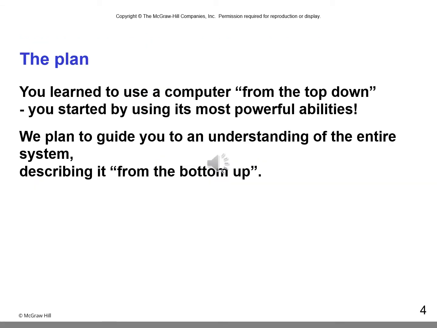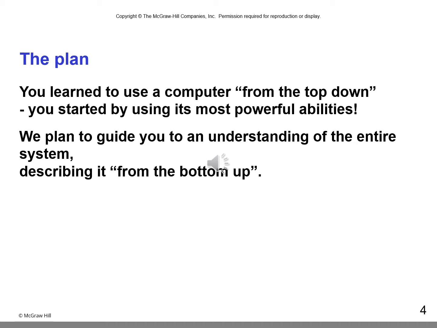Our plan is to guide you to an understanding of the entire system. And in this course, we will begin describing it from the bottom up. Now, given the sequence of courses in our computer science degree, you've already learned a high-level programming language.